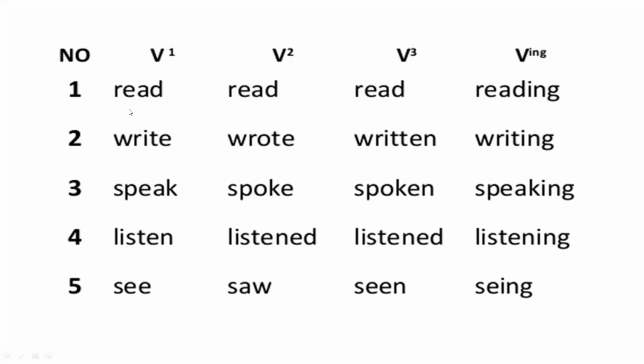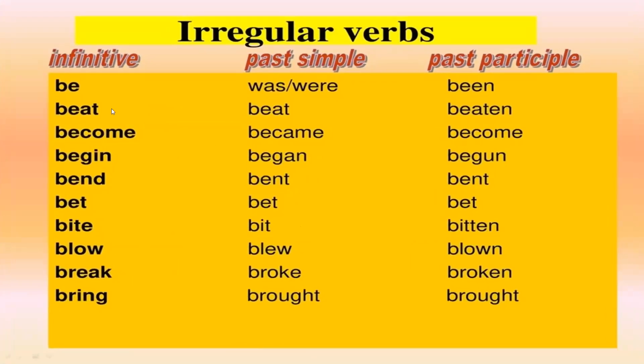Read, this is the present form. Read, this is the past form. Read again, past participle, the third form. And reading, this is the gerund or noun. Write, wrote, written, writing.